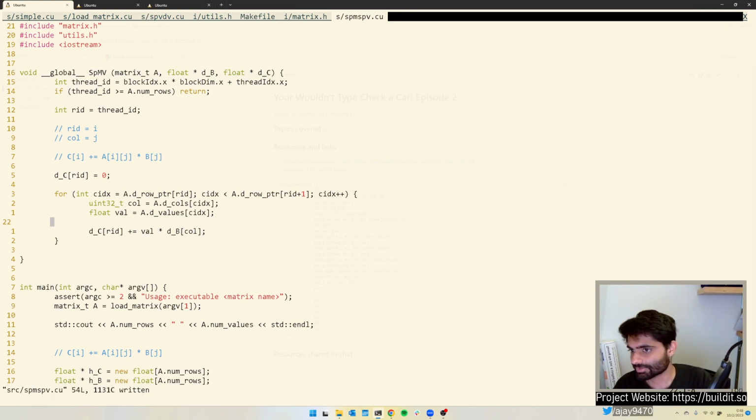So that is j. So I did this b of j, multiplied it by the value and added it to c of RID. And this does our basic version of SPMV.